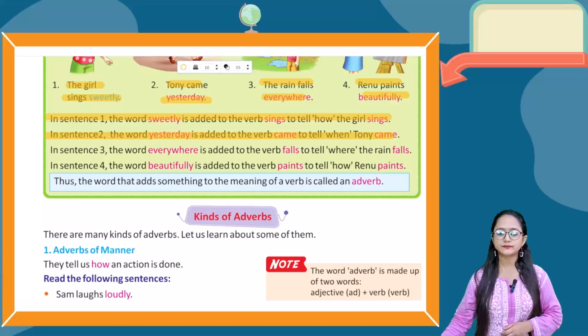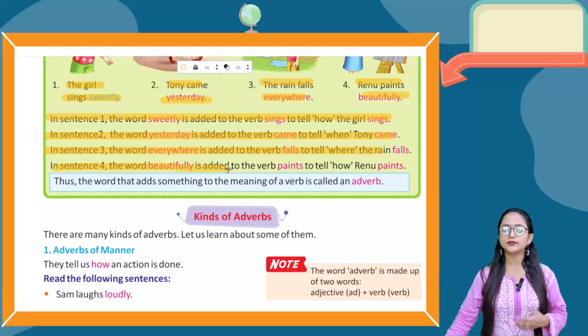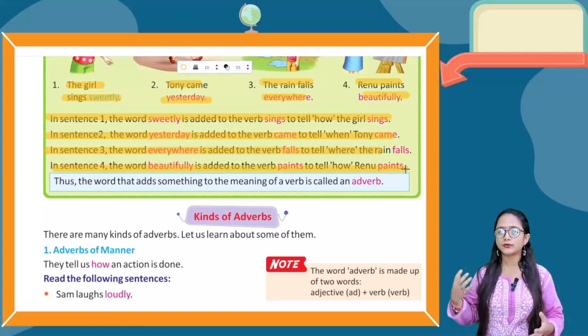In sentence 3, the word everywhere is added to the verb falls to tell where the rain falls. In sentence 4, the word beautifully is added to the verb paints to tell how Renu paints.